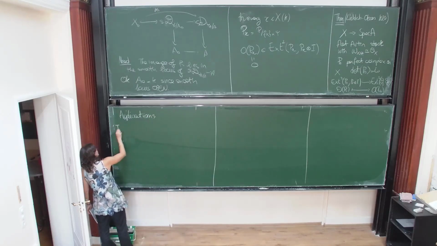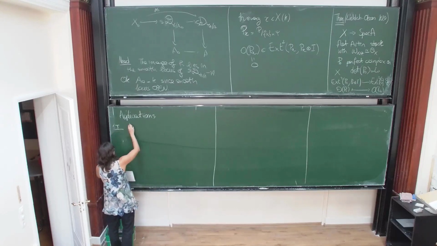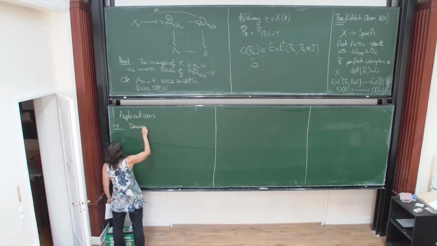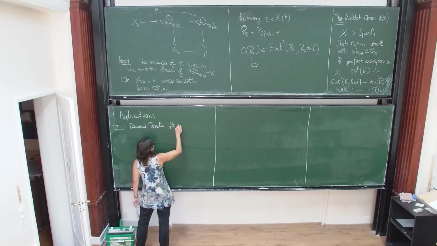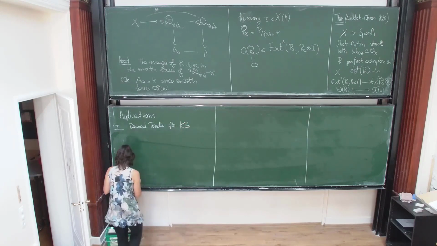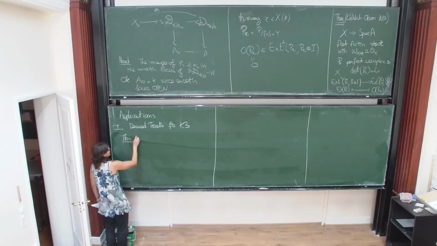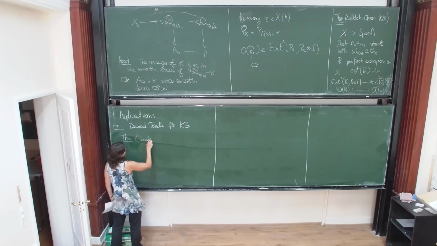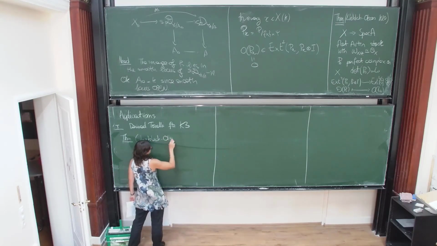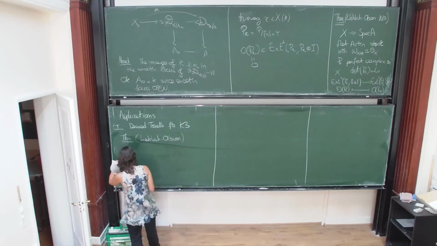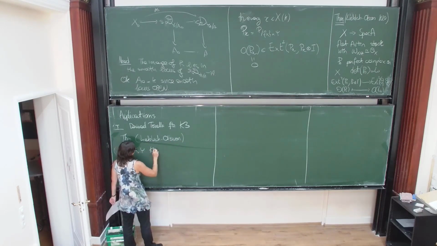So this is a theorem, this is Lieblich-Olsson. You have X, Y K3 surfaces.